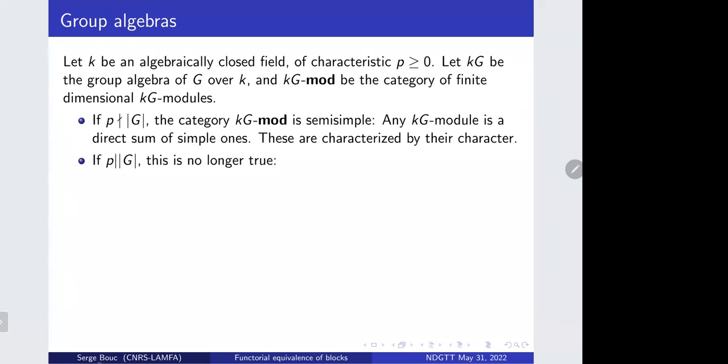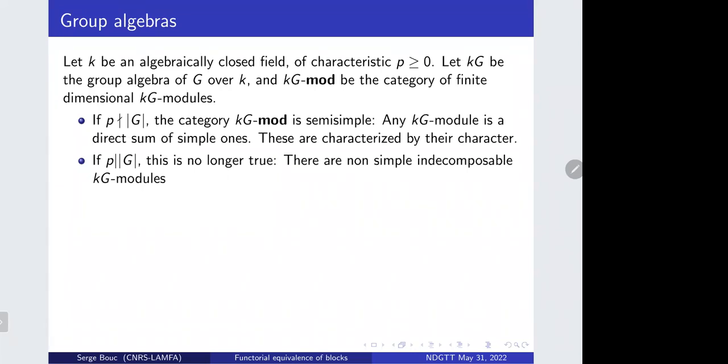Now, of course, if p divides the order of G, then by Maschke's theorem this is no longer true, meaning that there are non-simple indecomposable KG modules, so modules you cannot split into non-trivial direct sums, but which are not simple, that is, they admit non-trivial proper submodules.